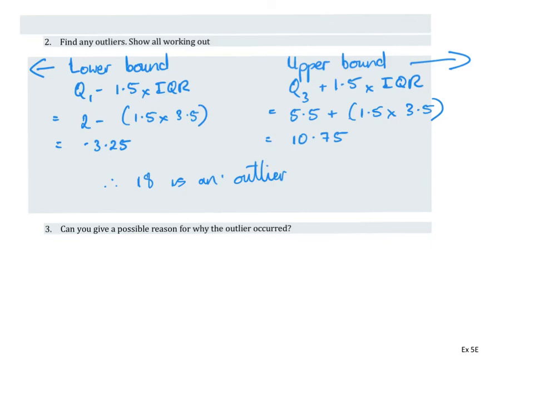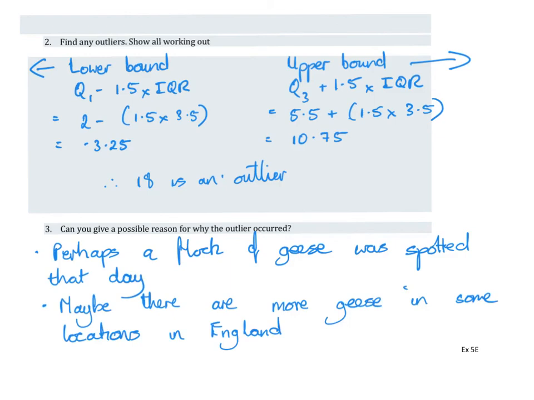One reason could be that a flock of geese was actually spotted that day and they were flying across, and so 18 geese were counted, rather than on other days where they were flying in maybe groups of 2 or 3. So you come up with your own suggestions as long as they are feasible. My other thought was perhaps there are more geese in some locations in England more so than others, because remember, this was a tour of England and they were moving around. So that's another feasible reason.